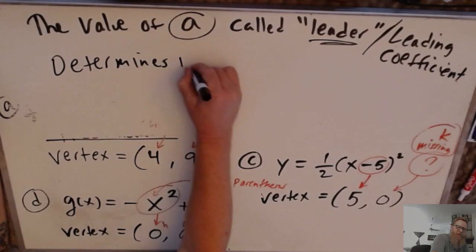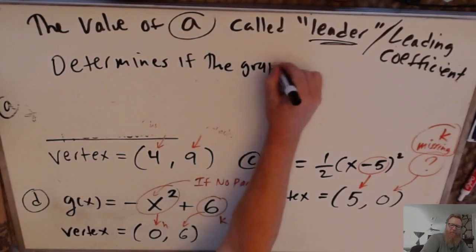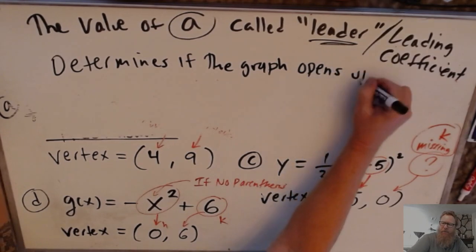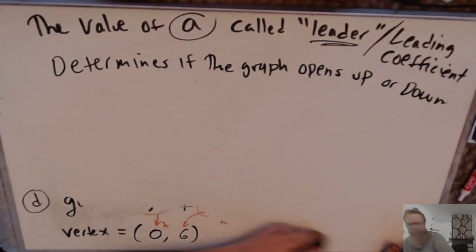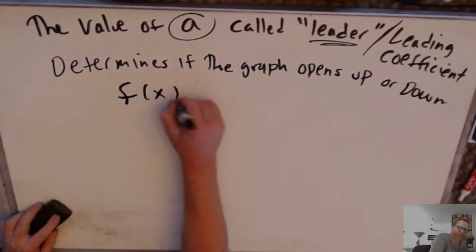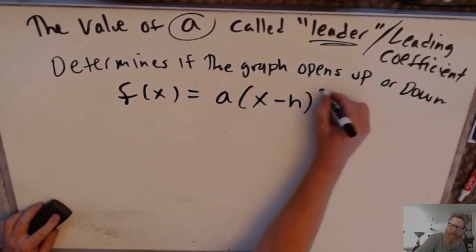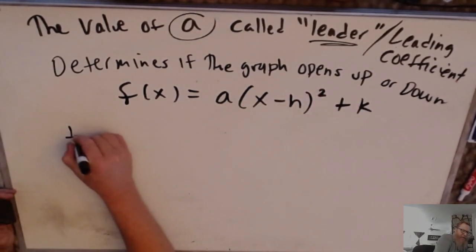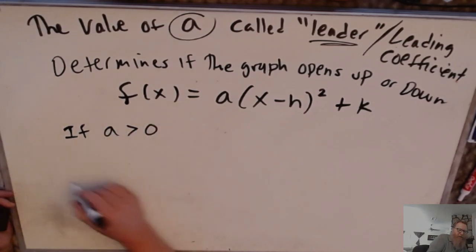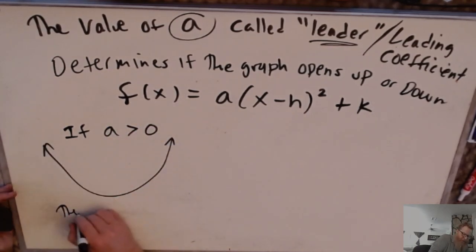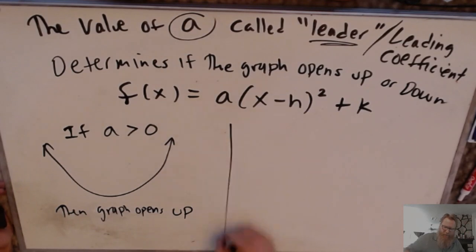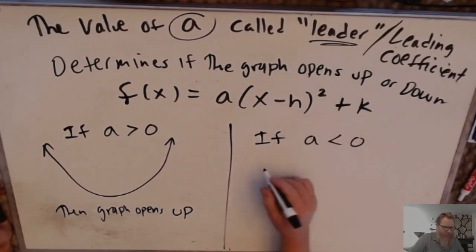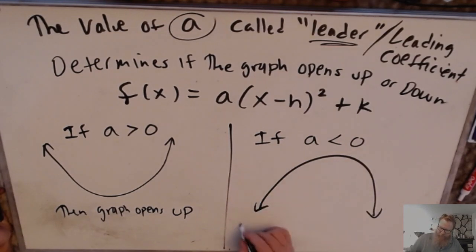It determines if the graph opens up or down. So you have f of x equals a times (x minus h) squared plus k. If the leader a is greater than 0, then the graph opens up. If a is less than 0, then the graph opens down.